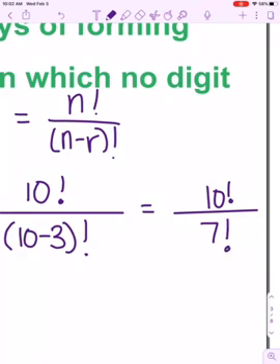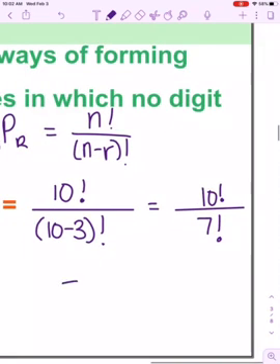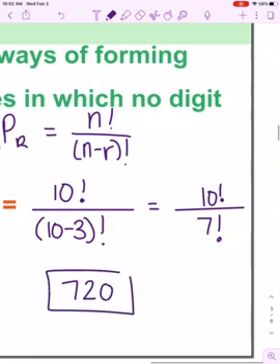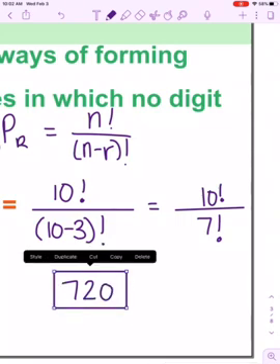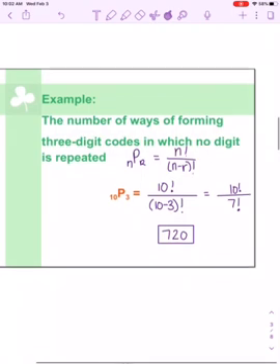So you just have 10 factorial divided by 7 factorial, and I would do that in your calculator all at one time, don't find each thing separately. So do 10 factorial divided by 7 factorial, and you get 720. So there are 720 ways to make that code.